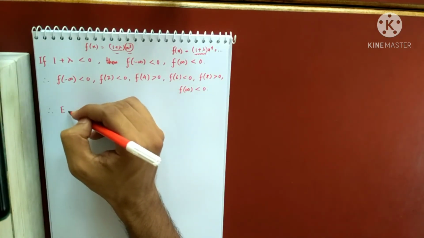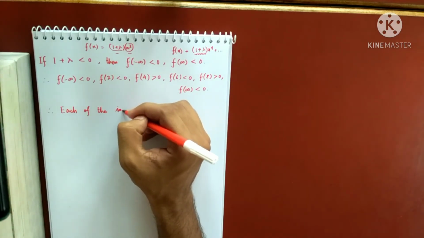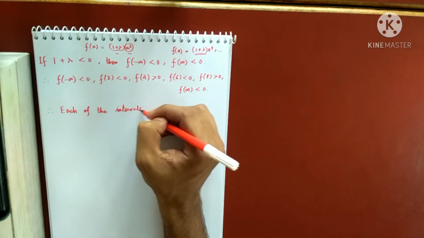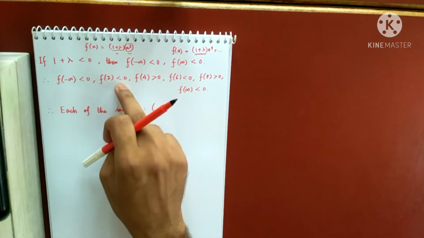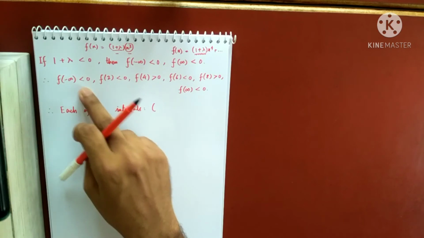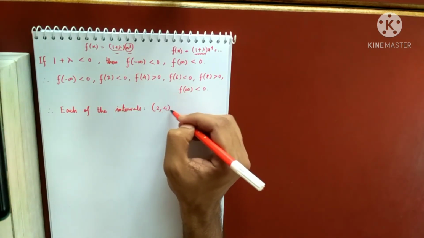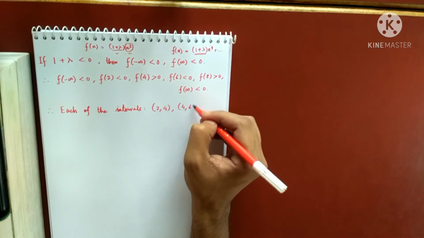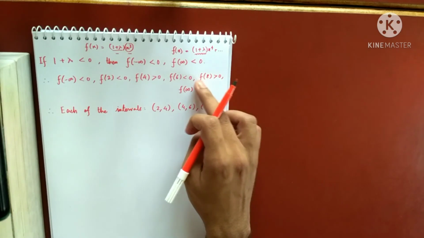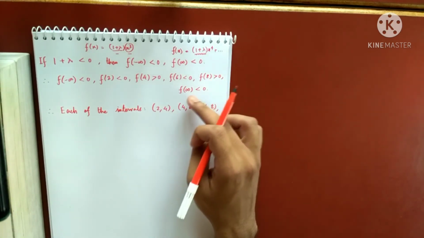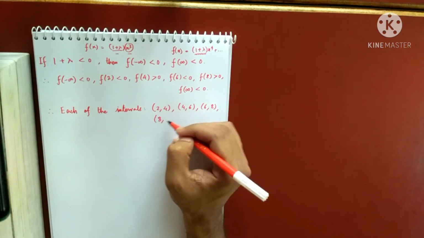Therefore, for each of the intervals, this first interval may not contain a root this time because both ends are negative. I cannot guarantee that it will contain a root, but 2 to 4 will contain a root, 4 to 6 will contain a root, 6 to 8 will contain a root, and here f of 8 is positive and f of infinity is negative, so there also lies a root.